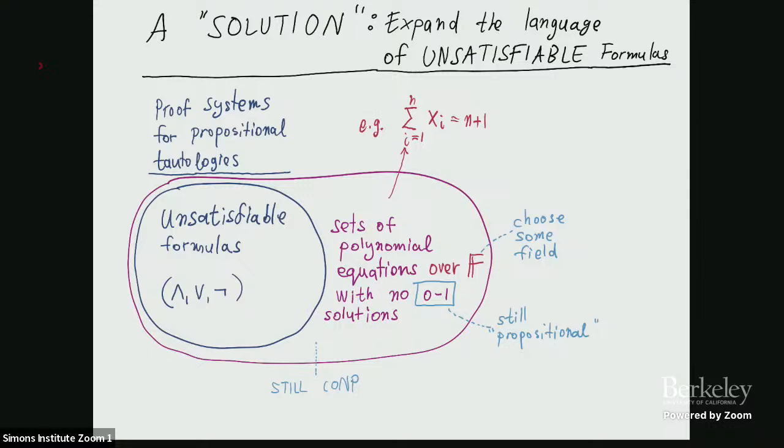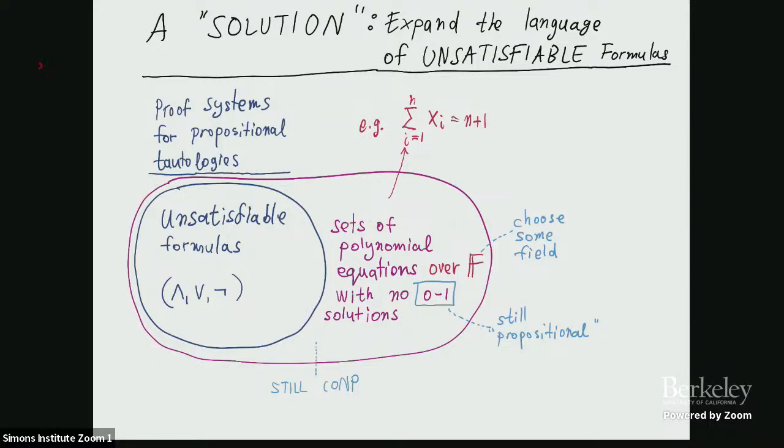So this is the language that we use in algebraic proof complexity, the traditional algebraic proof systems, polynomial calculus, Nullstellensatz, and so forth. And indeed, the original results were on these kinds of algebraic instances, not CNF instances.